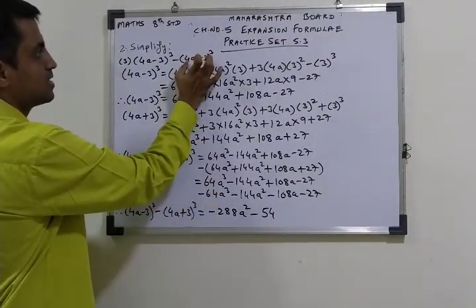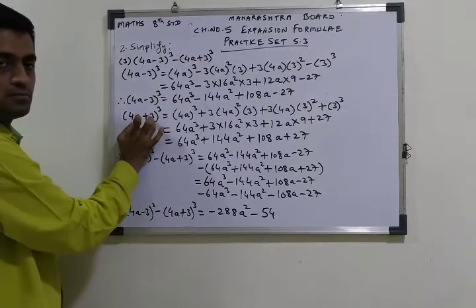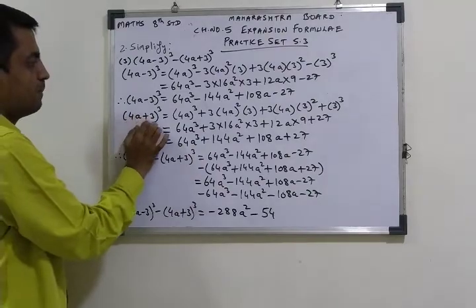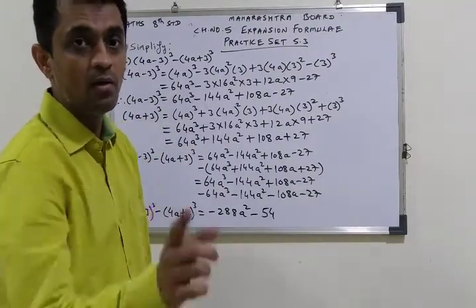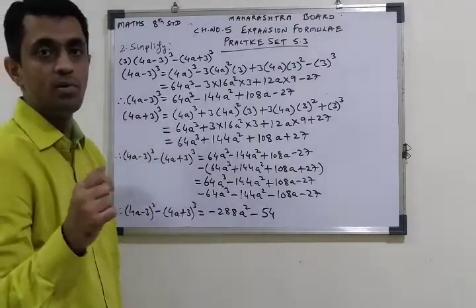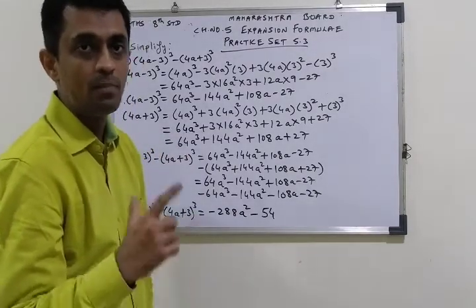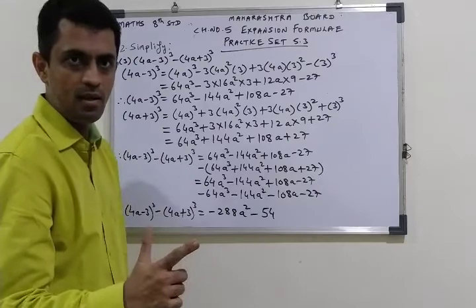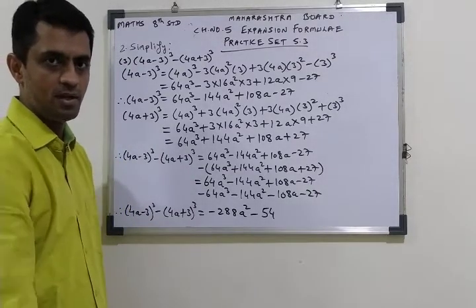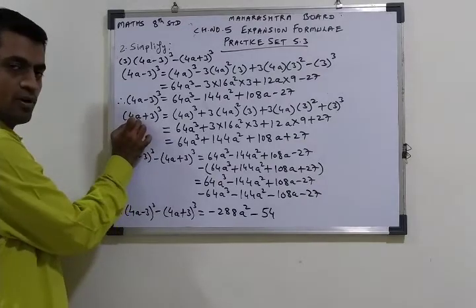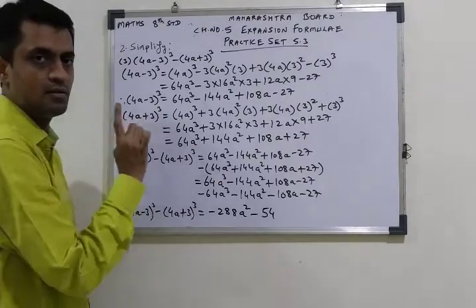Now let us solve this part. Okay, (4a plus 3) the whole cube. Which formula? A plus b the whole cube. A plus b the whole cube is what? A cube plus 3a square b plus 3ab square plus b cube. So our a is 4a and our b is 3.